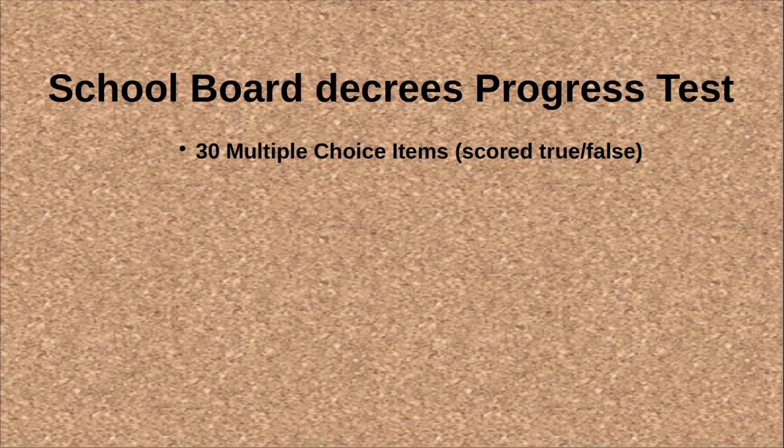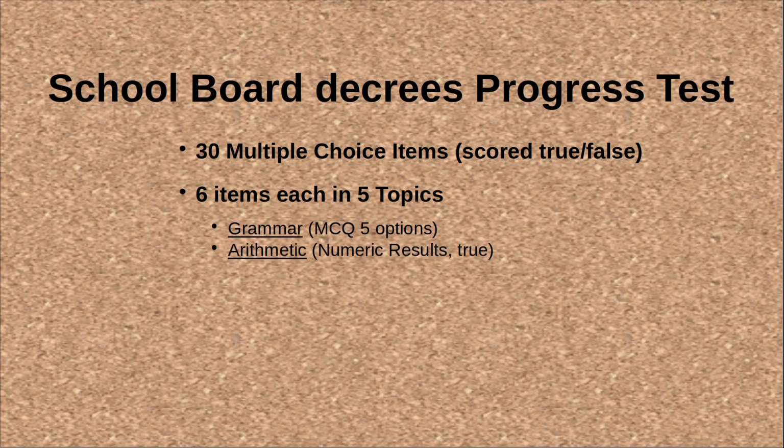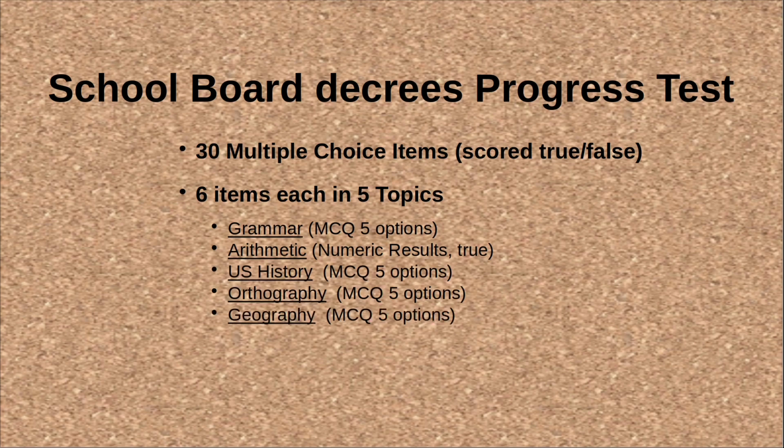In modern parlance, they considered it high school classes 1 to 4. These 30 questions had to cover 4 curricular years fairly and 5 topics, namely grammar, arithmetic, US history, orthography, and geography.